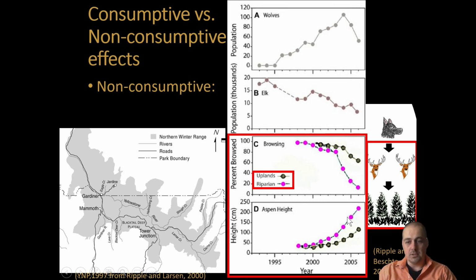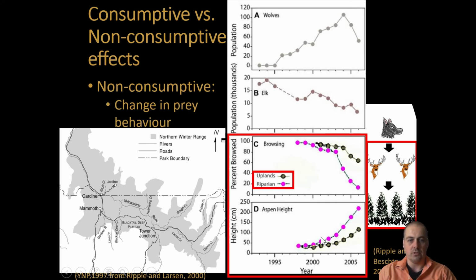So this brings in the idea that you're still getting aspen browse, but it's actually specific to the area. So it can't be as simple as the wolves are eating the elk and the elk are not eating the aspen, because we can see differences in the area. So this brings in the idea of non-consumptive effects.